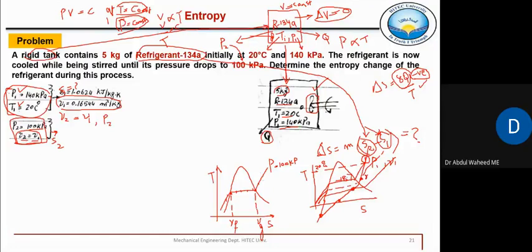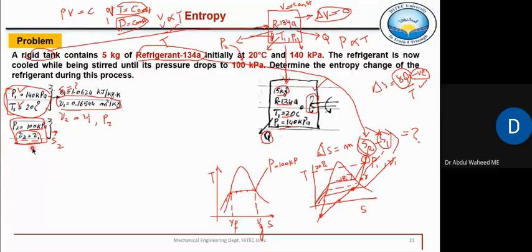If V is less than Vg and greater than Vf, we are in the mixture region. If V is less than Vf at that pressure, we are in the liquid region. This is something we learned in chapter 3.